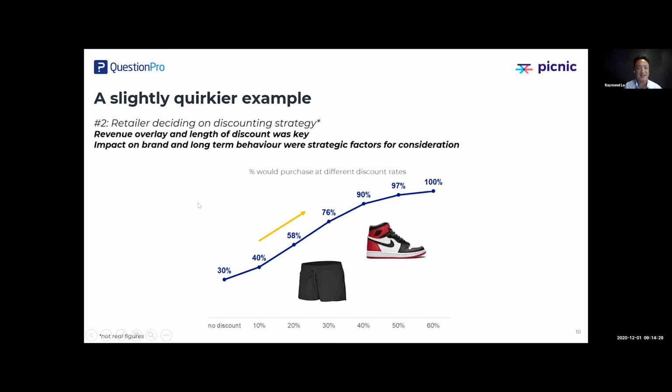Okay, second example. It's a slightly quirkier one. We normally use Gabor Granger with prices, okay, 10, 15, 25. In this situation, we actually used Gabor Granger to decide what is the best discounting rate for a retailer. So the question to us was, hey, we discount a lot, like every other retailer.